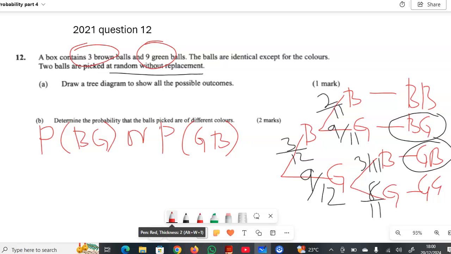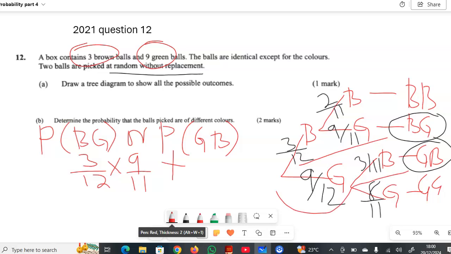This is going to be 3 over 12 times 9 over 11, or we add green-brown, 9 over 12, multiplied by brown, that is 3 over 11.